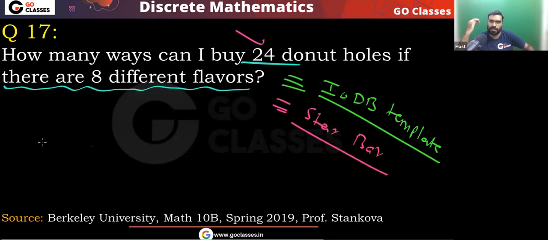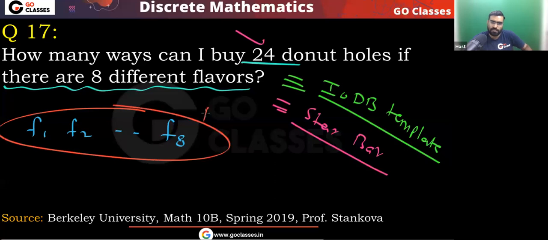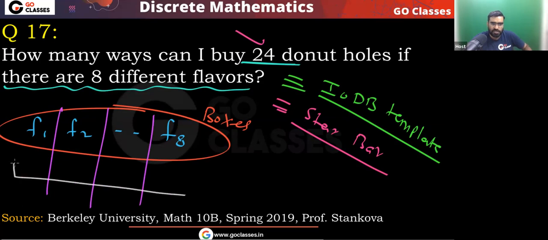So tell me, you have total 8 different flavors. Flavor 1, flavor 2, and so on, flavor 8. These are your boxes. And you want total 24, so this summation must be equal to 24.